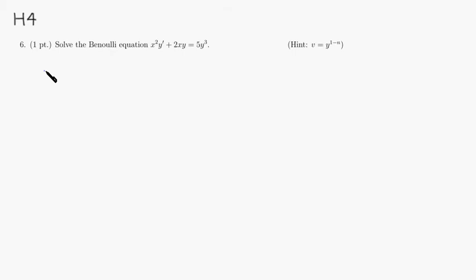First, we're going to make it look like a Bernoulli equation by dividing through by the coefficient of y prime, in this case x squared. I'm going to write y prime as dy over dx.